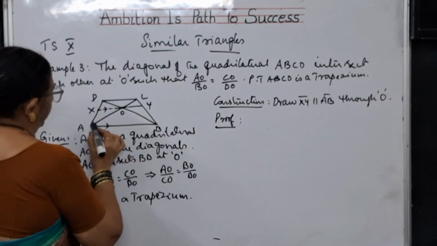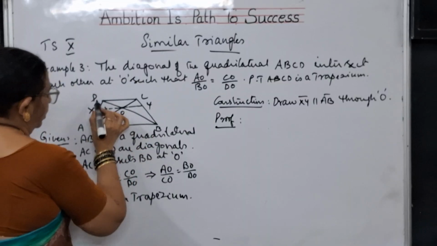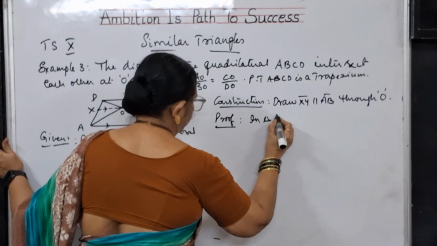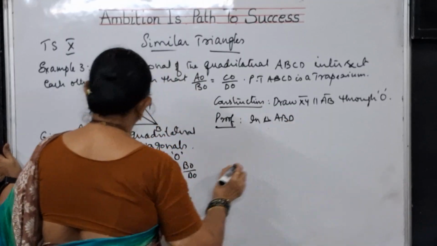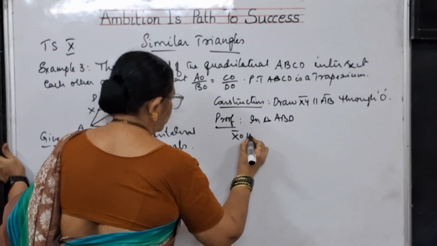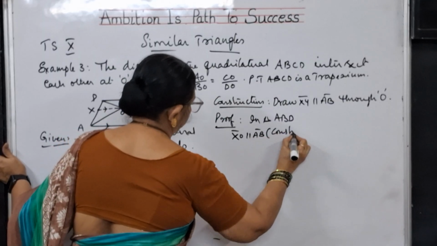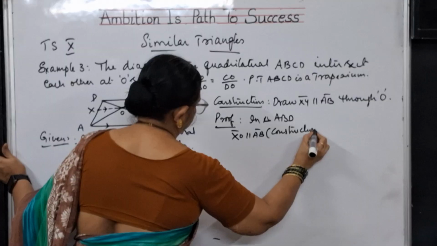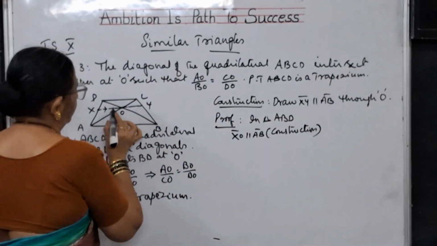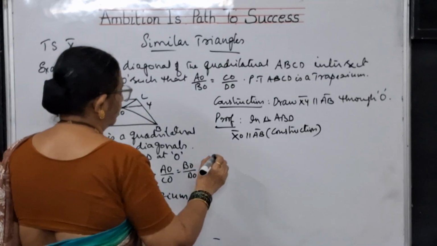Now let us take triangle ABD. In triangle ABD, XO is parallel to AB. This is our construction. When you say that XY is parallel to AB, definitely XY will be parallel to AB. What does this mean?